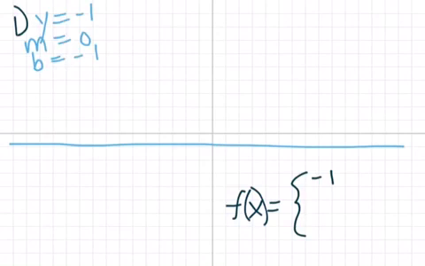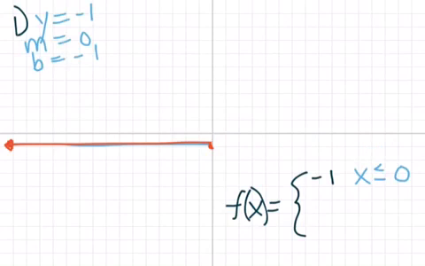But also out here it says if x is less than or equal to 0. So where x is equal to 0 on that line is here, and so the part of that graph that we want is this part because it says less than. So I'm going to erase this other part so that we don't get confused.